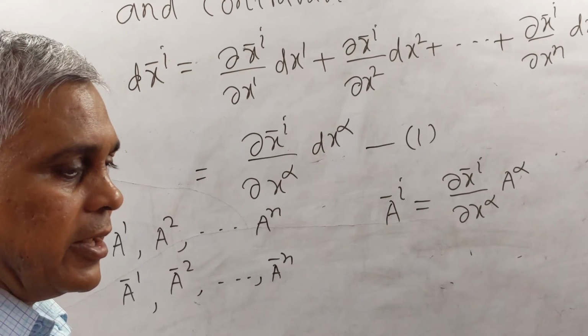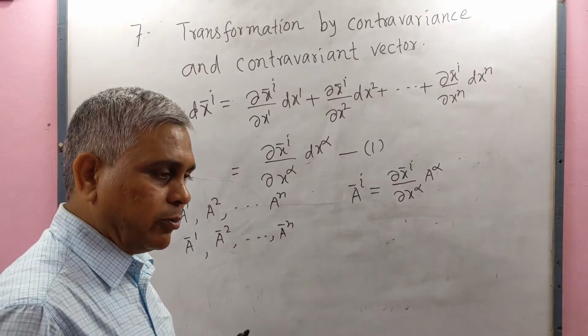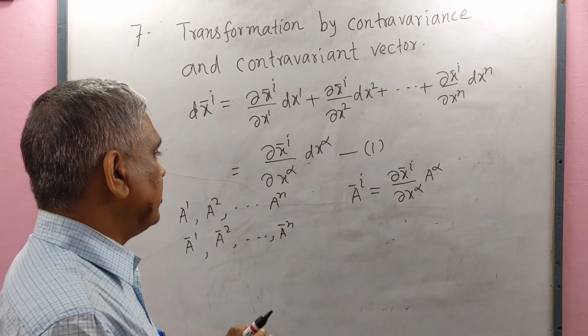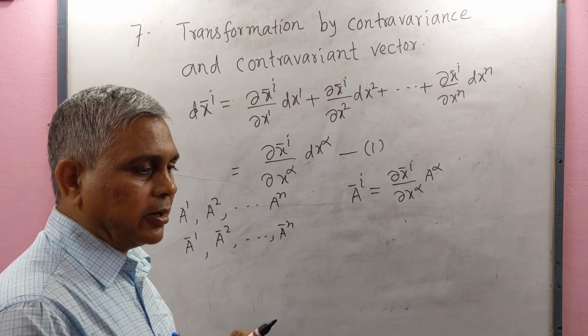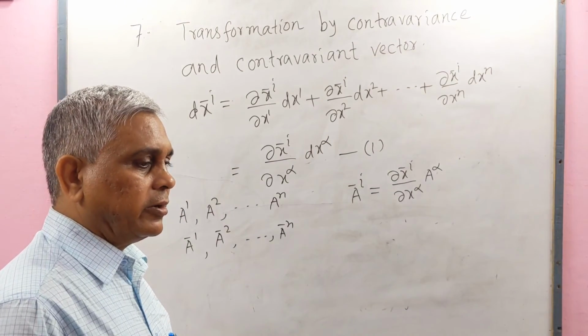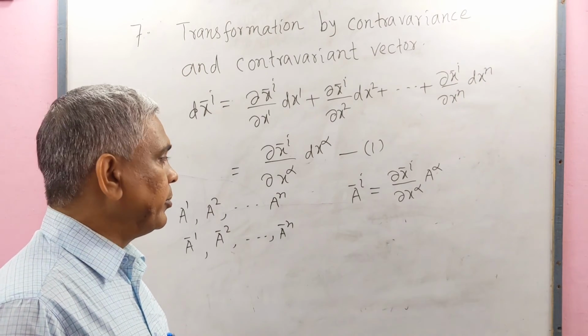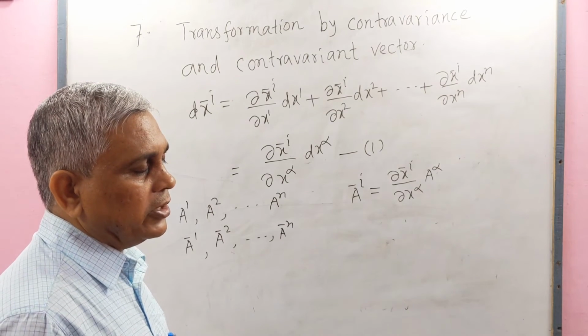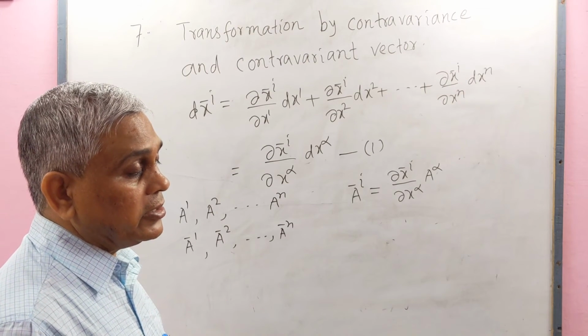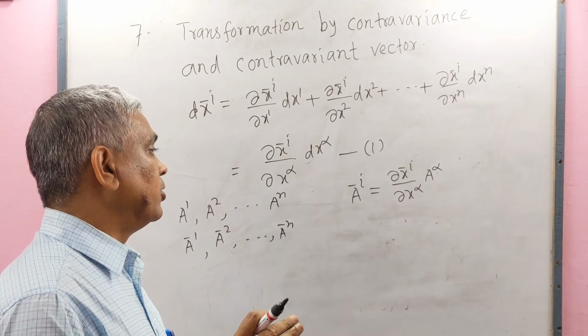A rank 1 tensor is called a vector. Here the vector is a contravariant vector, or in terms of tensor it may be said that it is a contravariant tensor of rank 1.